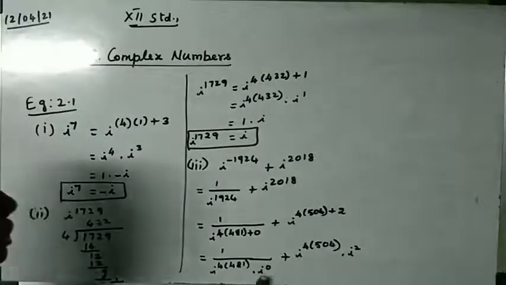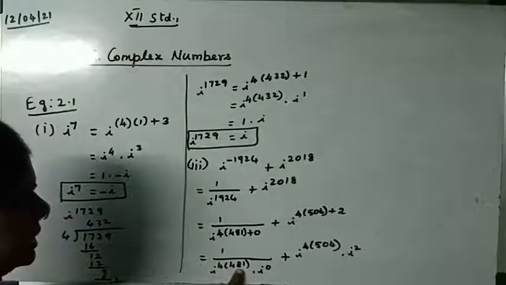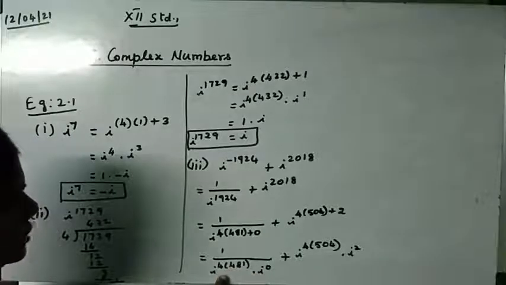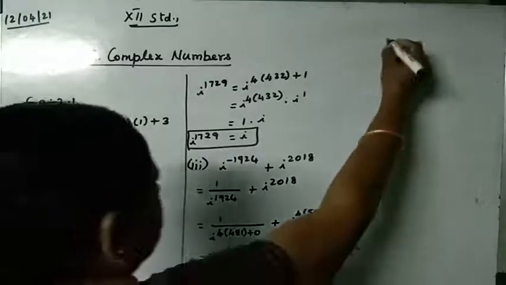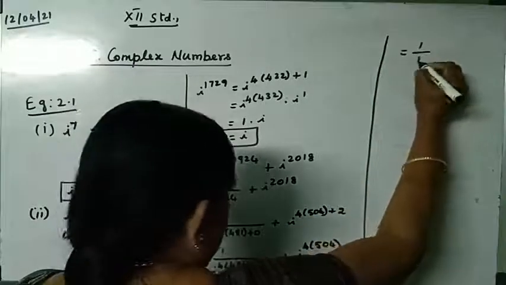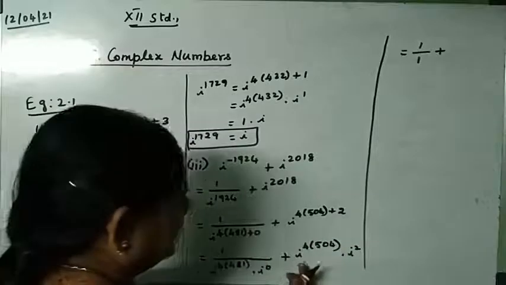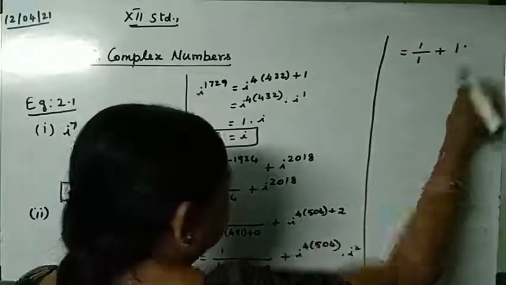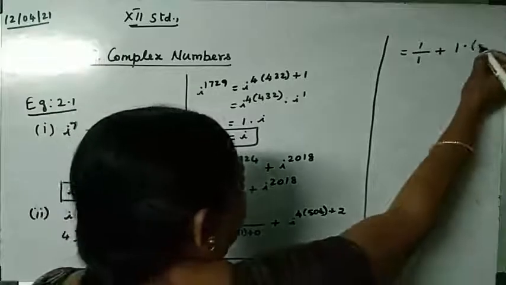So i power 0 is 1. Here, 4 into whatever number comes, take it as 4. i power 4 is 1. So 1 into 1, so here we are getting 1 by 1. Plus now here i power 4 into 504 value is 1 into i square value is minus 1.